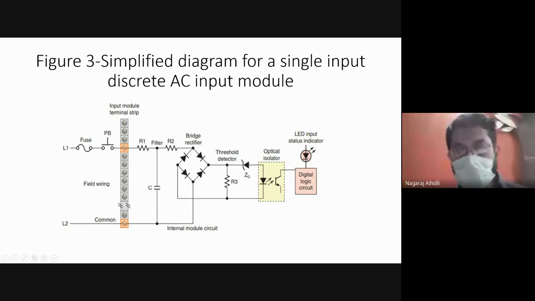It will indicate that the input signal is present. If the input signal is not applied, the LED will be in the off state, which will indicate that no AC signal is applied to this input module. That is the importance of this input module circuit.